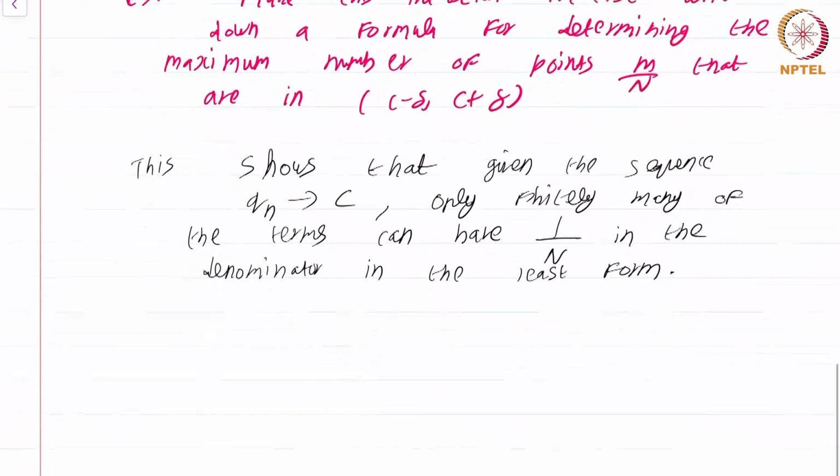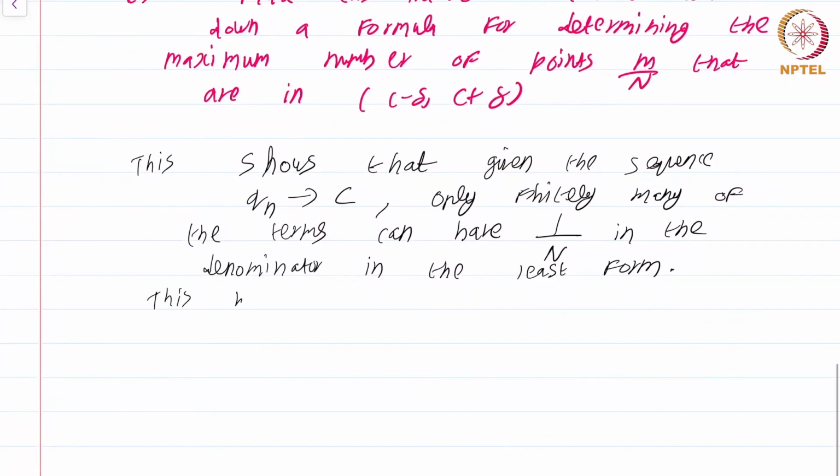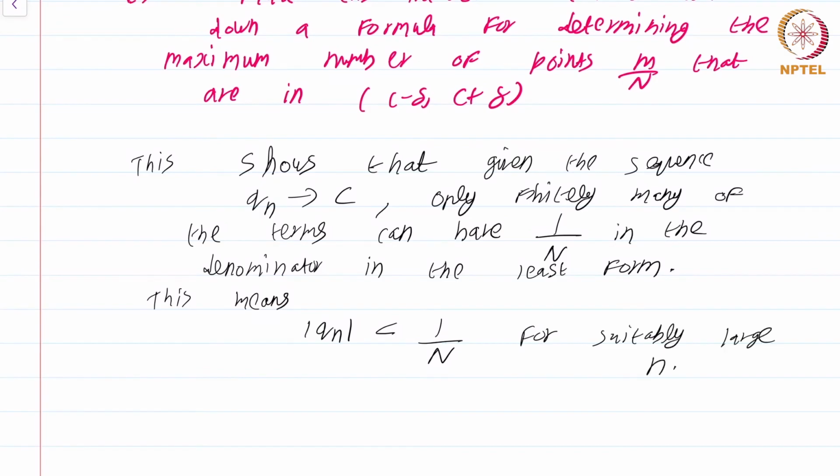Okay. So this means mod f of Qn is strictly less than 1 by n for suitably large n. Okay. Why is this? Well, you have to think about this for a moment. You just look at 1 half, 1 by 3, and so on up to 1 by N. There are only finitely many rational numbers which have 1, 2, 3, 4, up to capital N in the denominator.